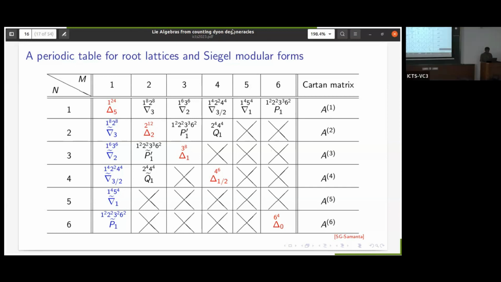Since I'm on the subject, can you please recall what the labels on this table are? What is 124 and so forth? Okay, so the thing is this: these objects are related, at least, to Mathieu moonshine in some form. Generalized moonshine involves two symmetries, so this N and M there are like the order of the symmetry, N and M, in the sense of Norton.